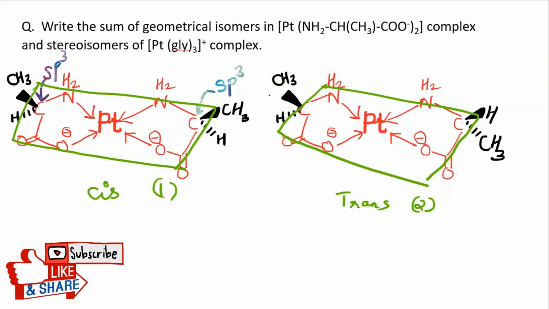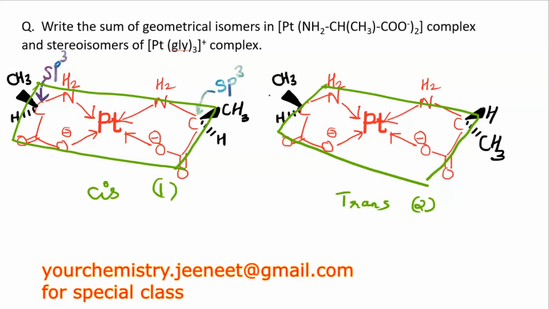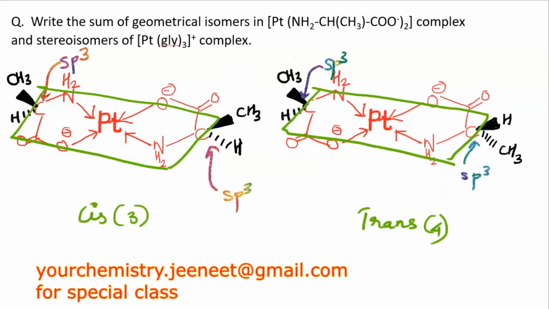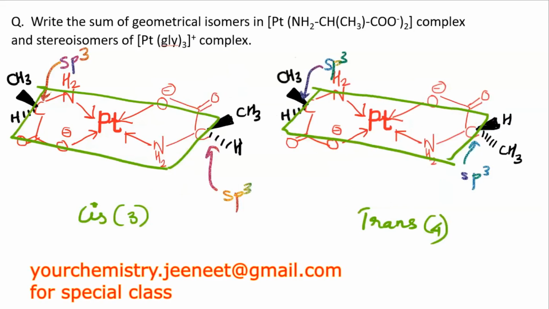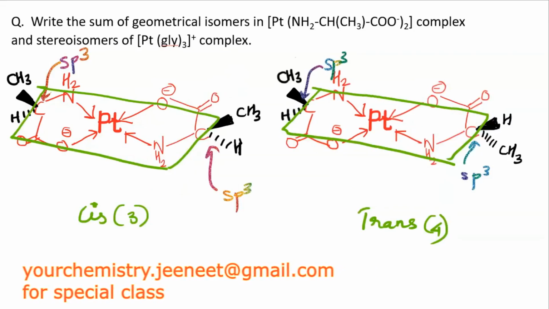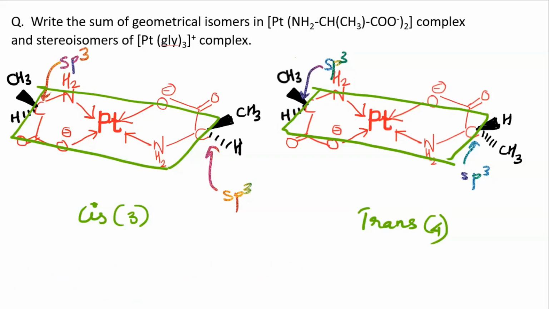What is the next possibility I made? I made NH2 and NH2 180 degrees opposite to each other, that is this structure. I made 2 structures, and for the CH3 part, because this carbon is sp3, we can make this CH3 above the plane, below the plane as well. If we make both CH3 on the same side, we get cis.